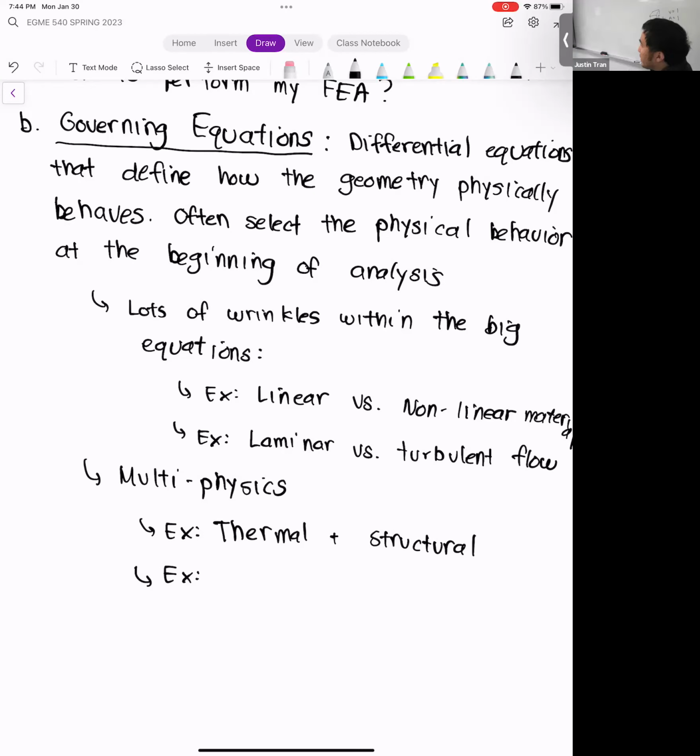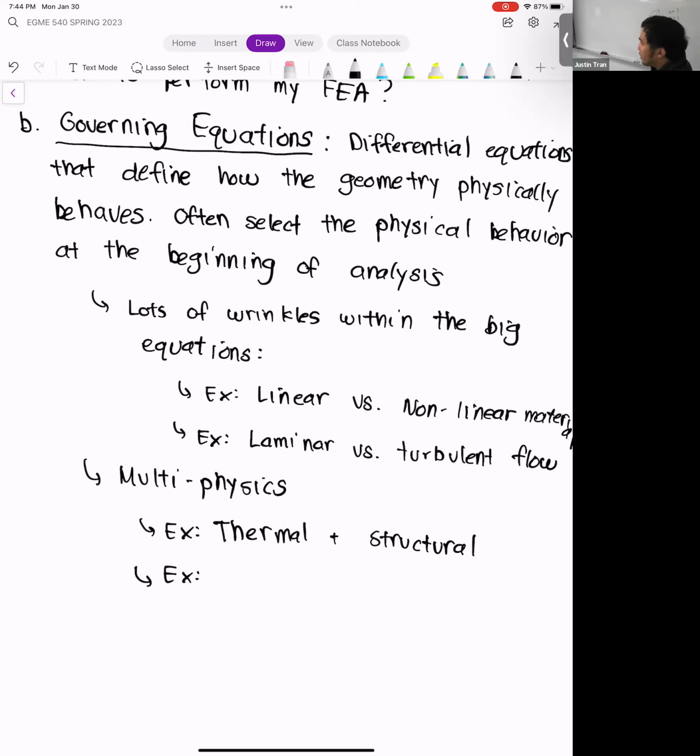One example that one of my students did last semester was a brake pad analysis. He was in charge of designing the brake pad for his vehicle. When you're braking, all that kinetic energy gets converted to thermal energy, and so your wheels heat up, or the axle heats up.